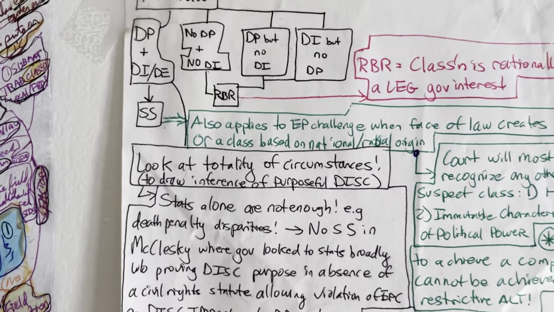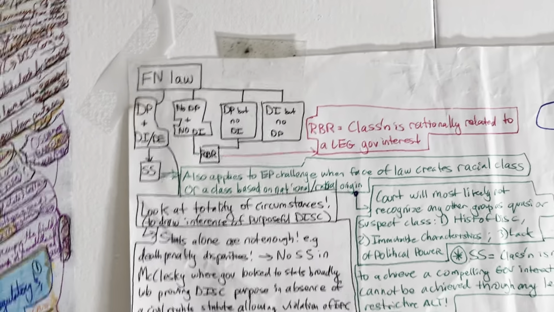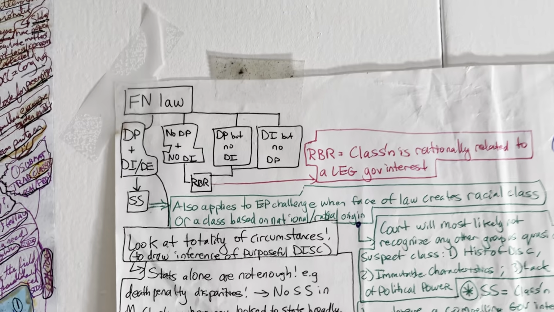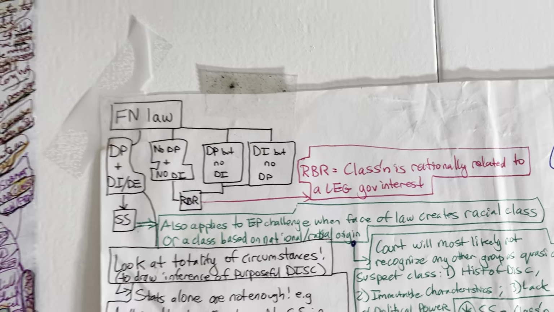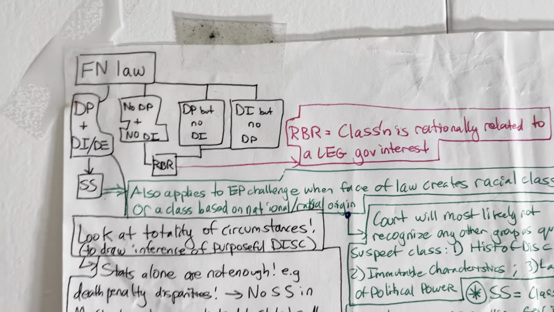So strict scrutiny, as we last talked about in our last video, is the highest level of scrutiny in which we look for not just a legitimate purpose regarding the rational basis review, but a compelling purpose. And it's beyond the rationally related requirement for the means test.